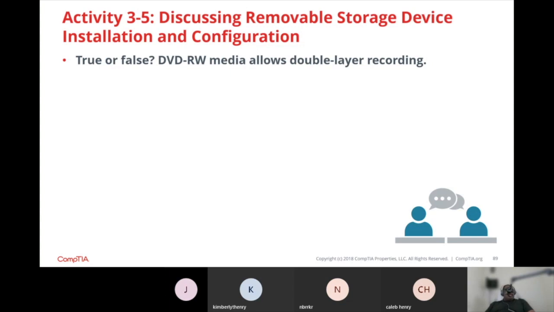True or false? DVD minus RW media allows double layer recording. False. Only DVD, DVD minus R, or DVD plus R media can be double layer.